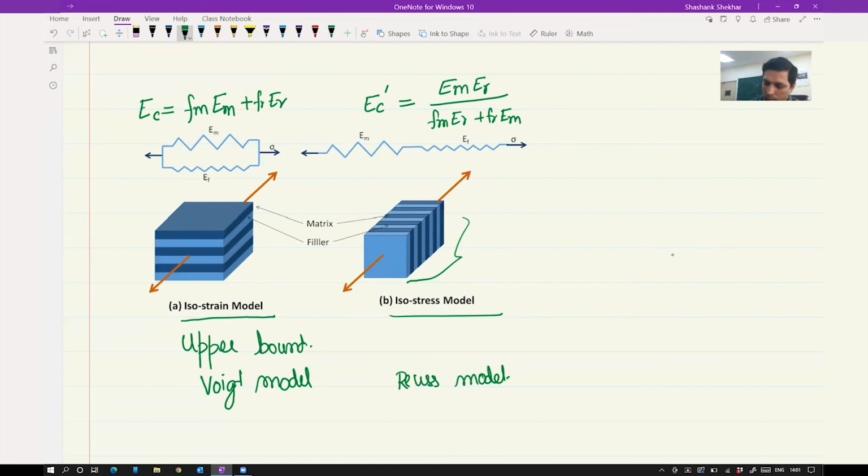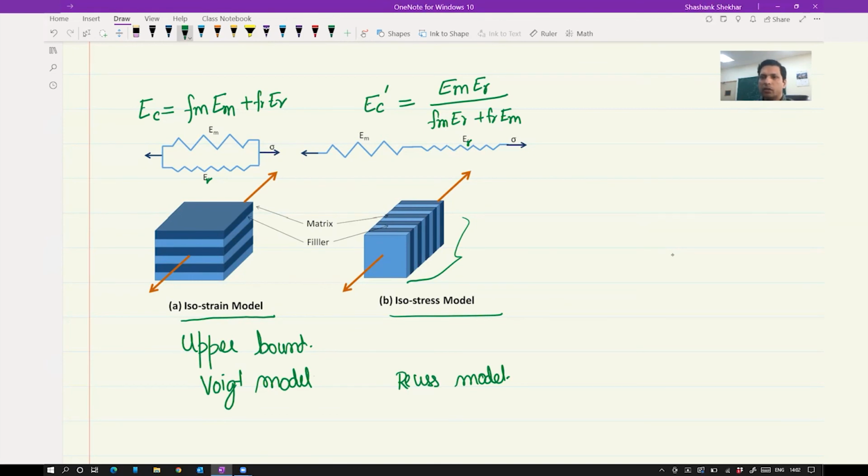Okay, so I just noticed that I have written it as EF. It should be ER actually, reinforcement. So there's a matrix and there's a reinforcement. This would give you the elastic modulus when the load is being applied perpendicular to the orientation of the fibers.